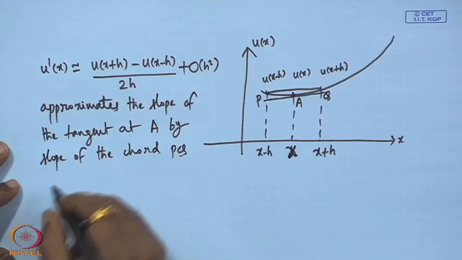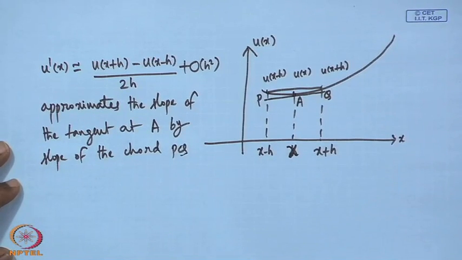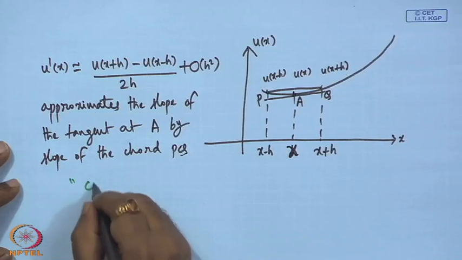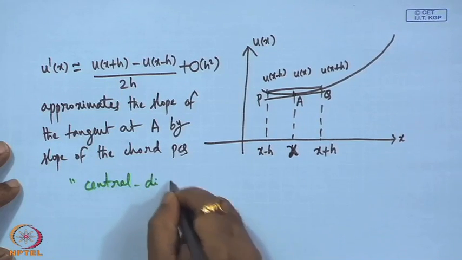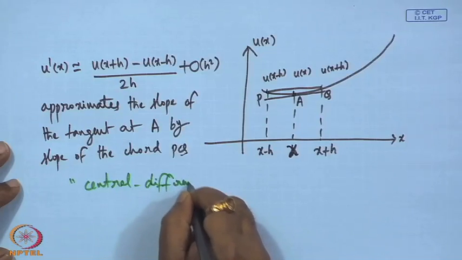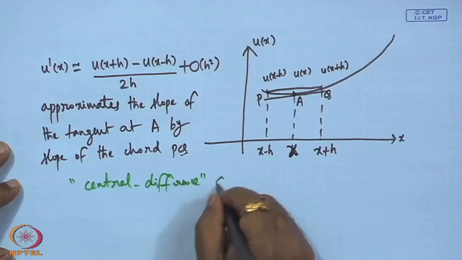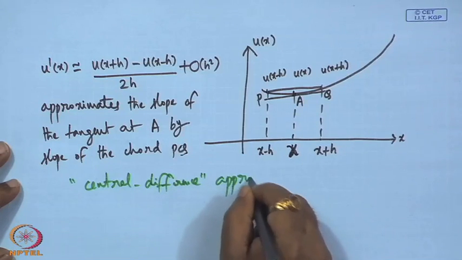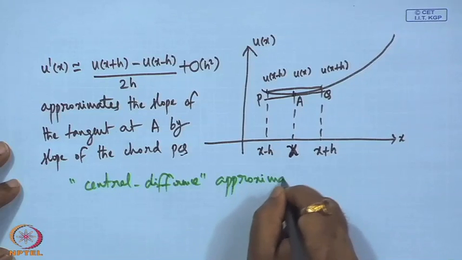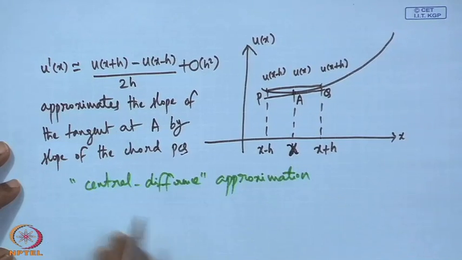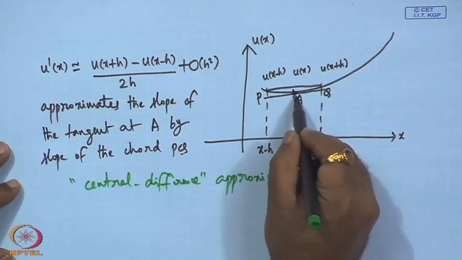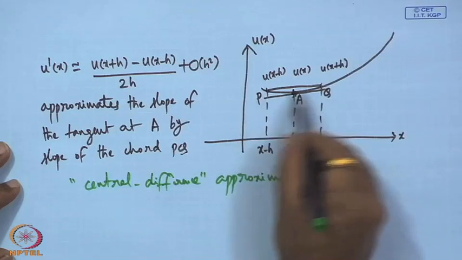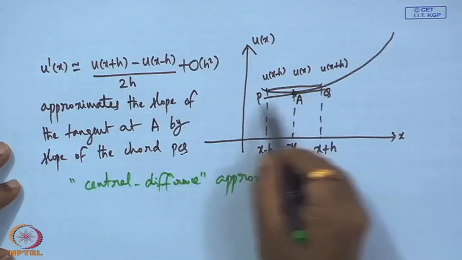Okay. So, this typically is known as central difference approximation. This is because you are approximating the slope here by the slope of the chord.